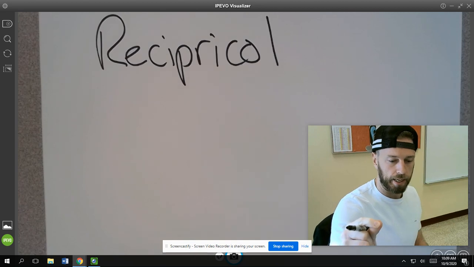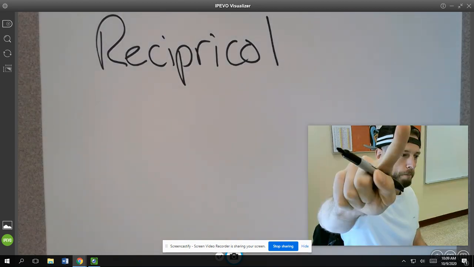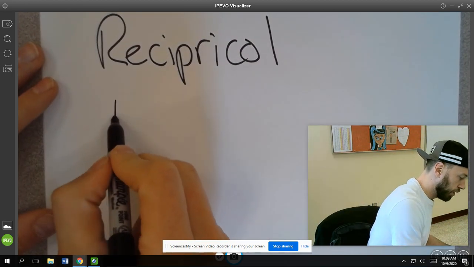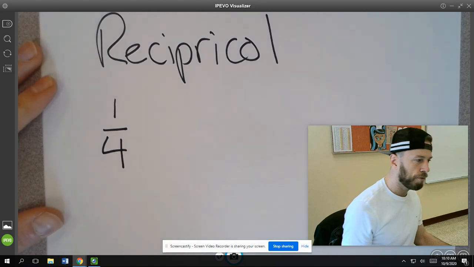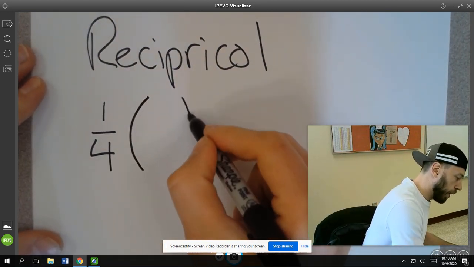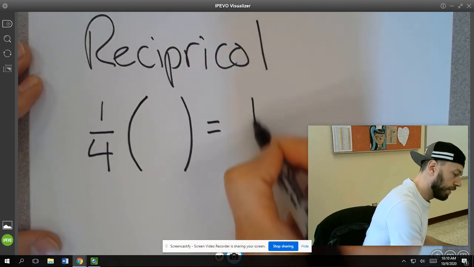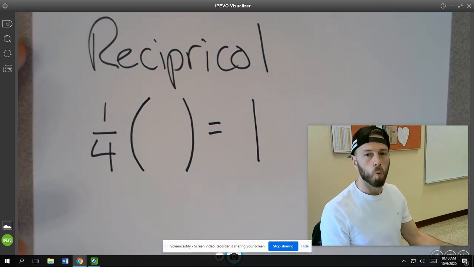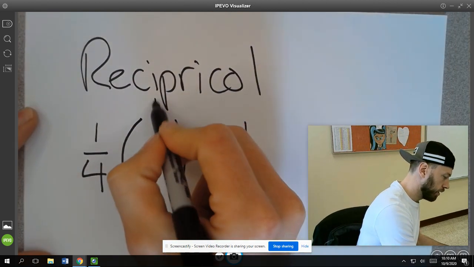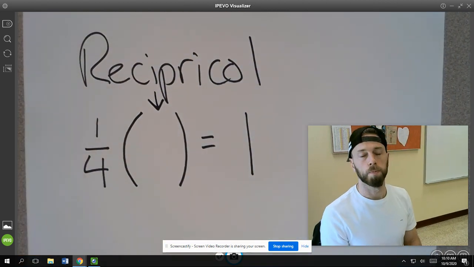Reciprocal is whatever you multiply something by to make it 1. So for example, and it's going to sound weird, if you have 1/4, my question is, what would you multiply 1/4 by to make your answer 1? And this right here is a reciprocal.